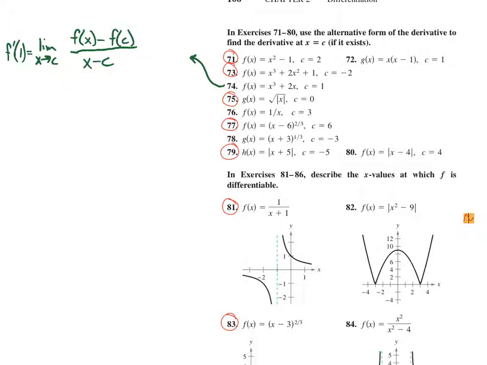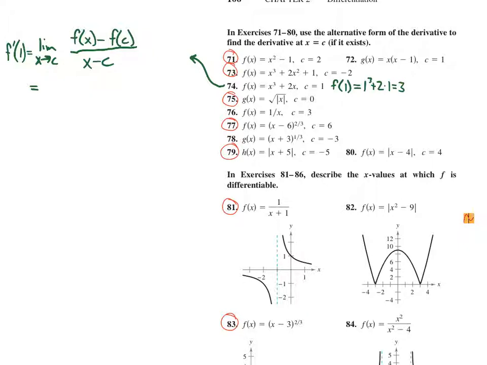So if c is 1, f of c, or f of 1, is 1 cubed plus 2 times 1, so 3.